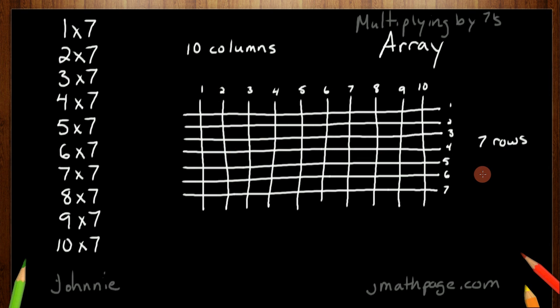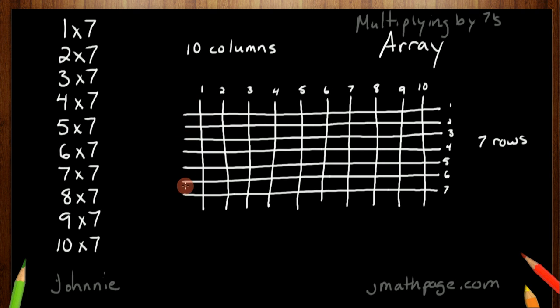Now let's use this to understand the 7's. Now when I look at 1 times 7, what I'm saying in an array model is I need to have 7 rows and 1 column. And how many does that make for me? Well, we're going to talk about intersections here, so let's go ahead and do that. Here's our 1 column.